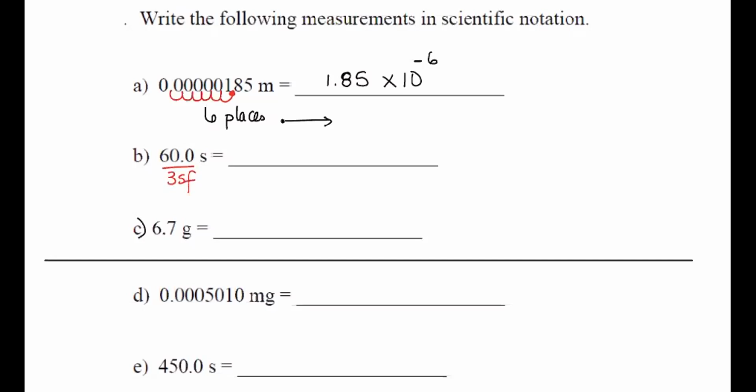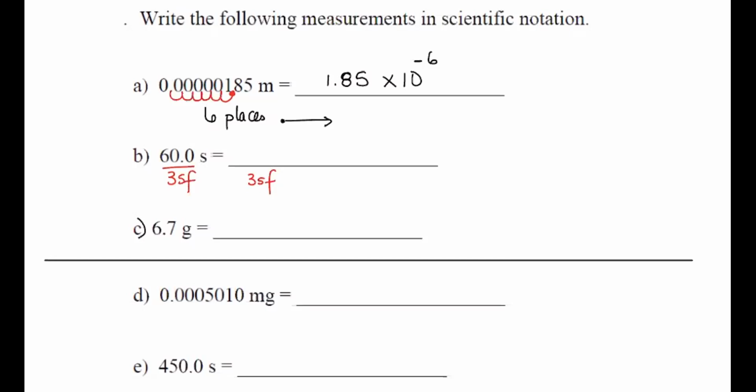So guess what? When I change this value into scientific notation, I need to keep the number of sig figs. You may be like, but why do I need to do that? Isn't 6.00 the same thing as 6.0? No. Because remember that if you drop the number of sig figs, you're affecting the resolution of your instrument.